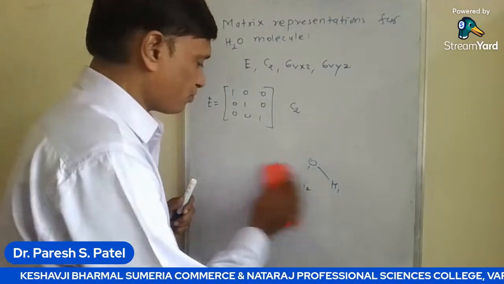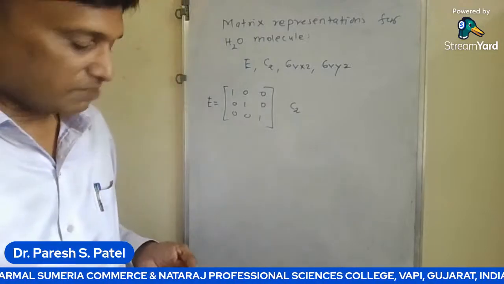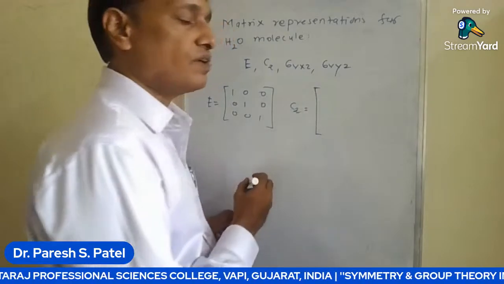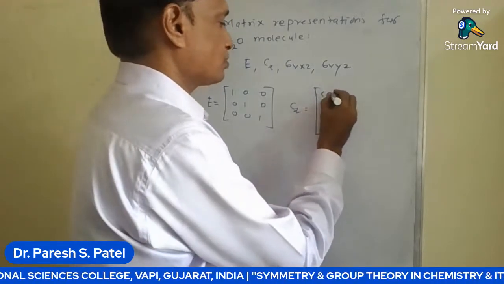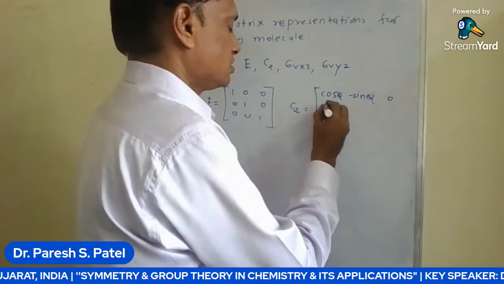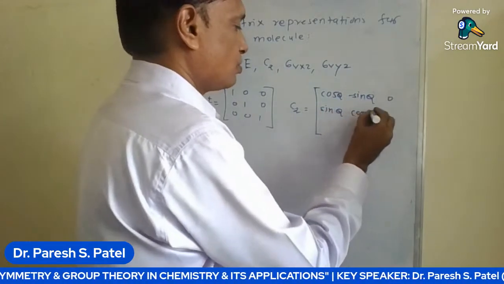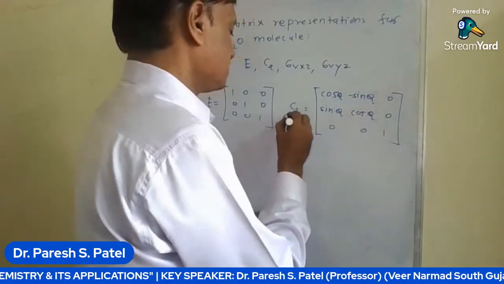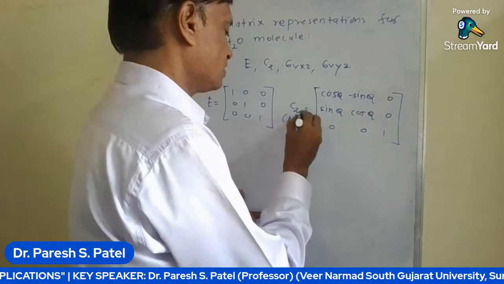So first of all, for the matrix representation for anti-clockwise rotation, the equation is cos theta, minus sine theta, 0; sine theta, cos theta, 0; 0, 0, 1.